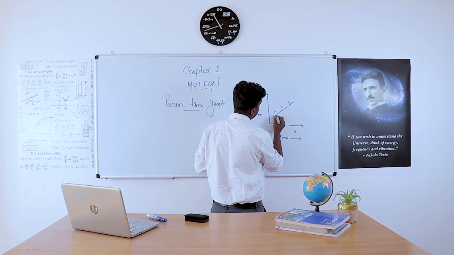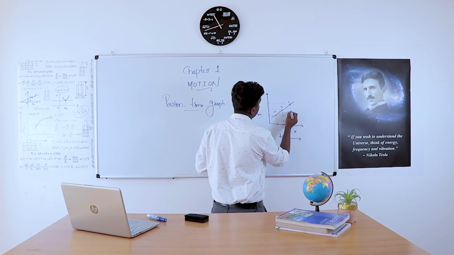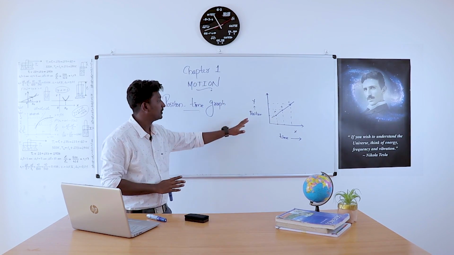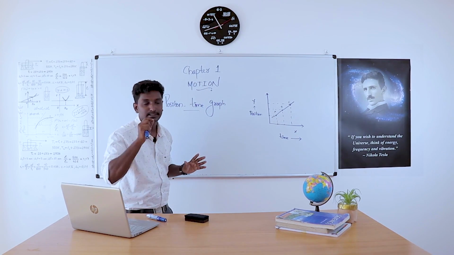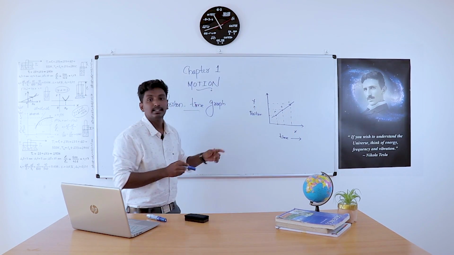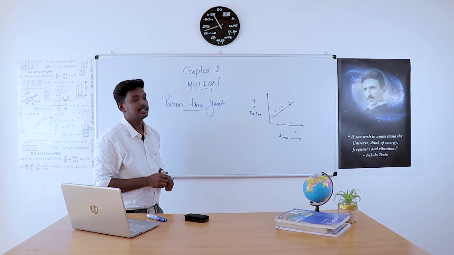If this is the position and this is the time value, that's our point. Like this, from the table. In the problem, you will have a table for values of position and time. Just look at the table and plot the points like this. Then we get the position time graph.